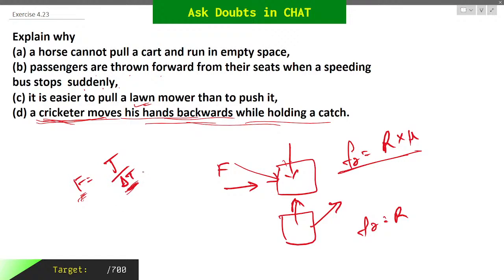When we increase this delta T, then obviously the maximum force experienced on his hands will decrease. So that's what the cricketer does. When he pulls the hand backwards, he is increasing the time of catching, that is delta T. That's how he saves his hand, by increased delta T and thus decreased force.